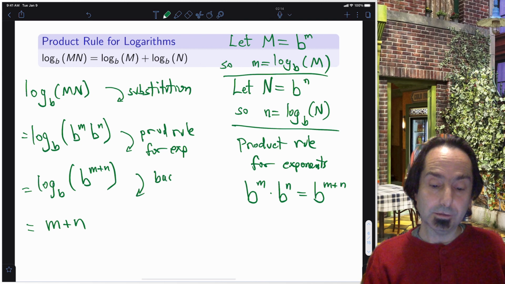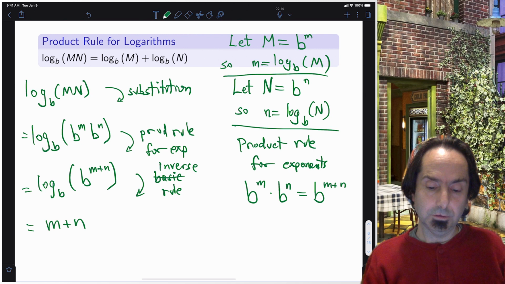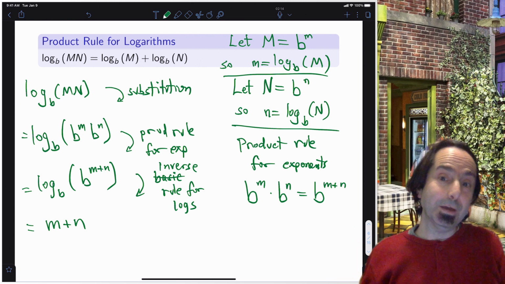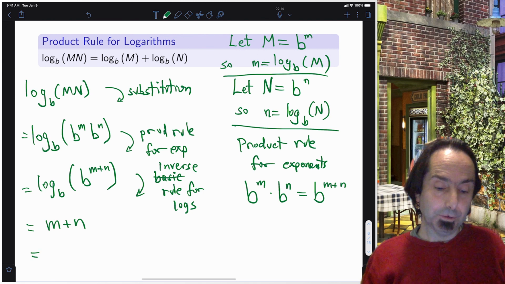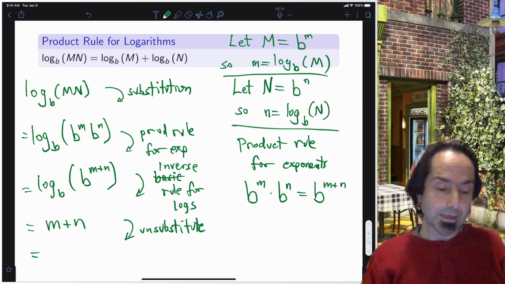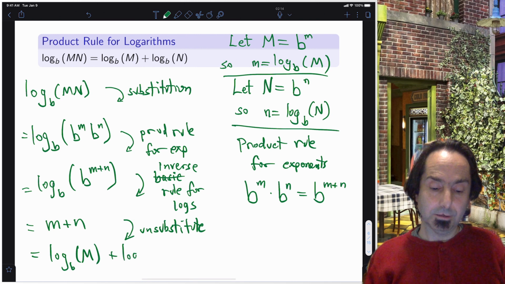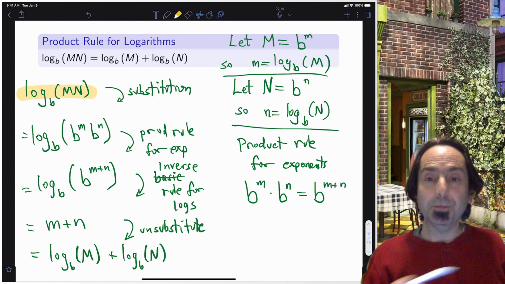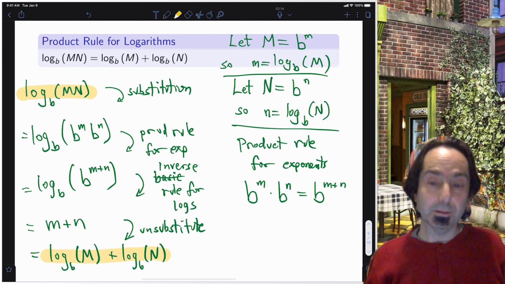Let's call that an inverse rule for logs. If you take a number, m plus n, exponentiate it, and then take the logarithm, they undo each other, and you get m plus n back. And now we're going to do an unsubstitution. Little m is just log base b of big M, and little n is log base b of big N. We proved that this equation, the log of a product, is the sum of the logs.